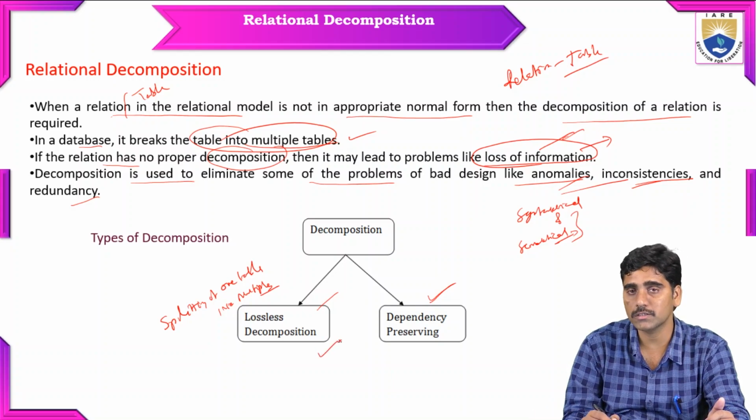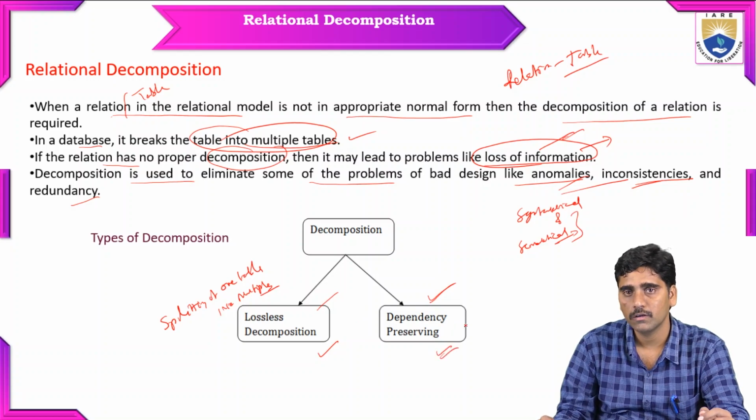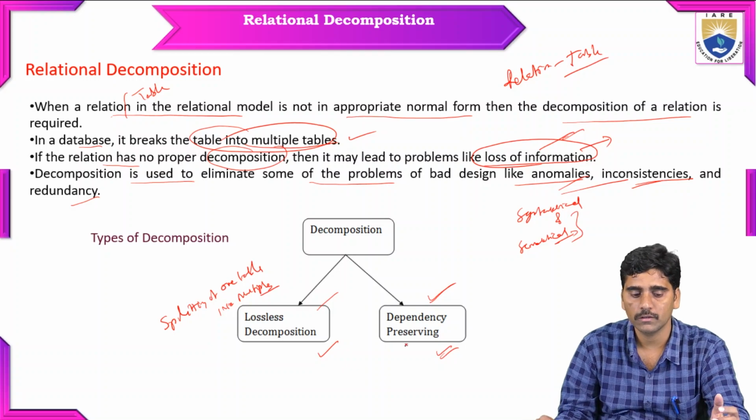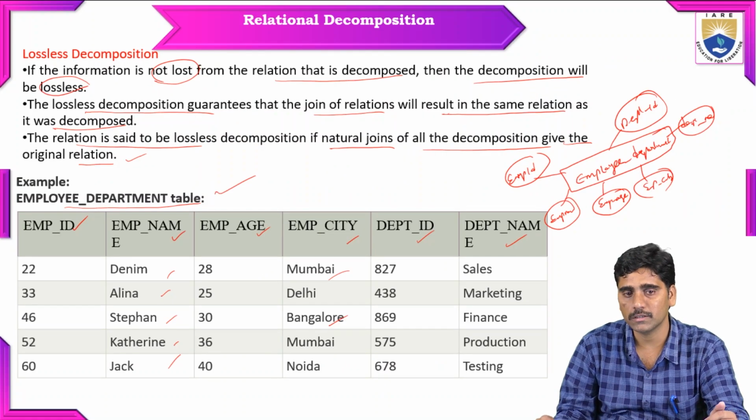One is lossless decomposition. The second one is dependency preserving. Lossless decomposition is nothing but, if you are decomposing the tables and again you join the two tables, then the data should not be lost. Even though you are splitting, the data will not be lost, so it is called lossless decomposition.